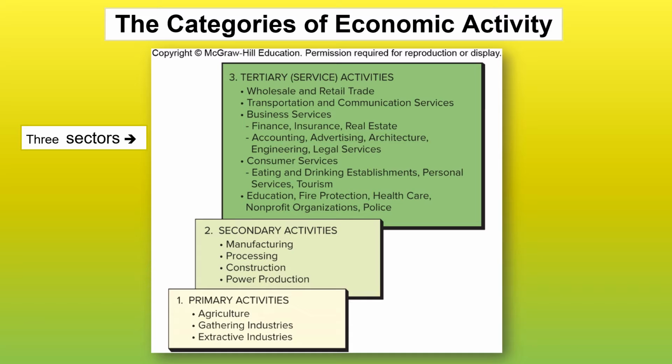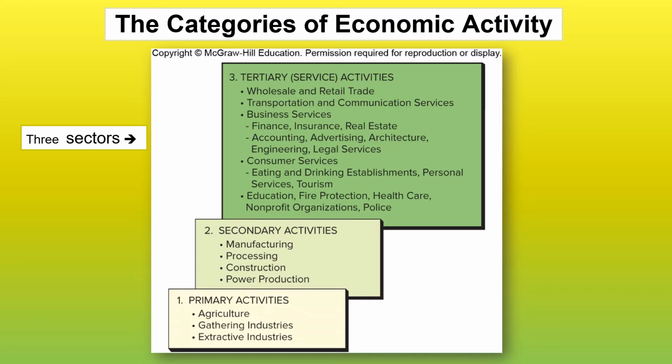Well, it's the first one. Primary activities include all the agricultural strategies, and then gathering industries like fishing and forestry, and extractive industries when something's extracted out of the environment, and that would be mining.